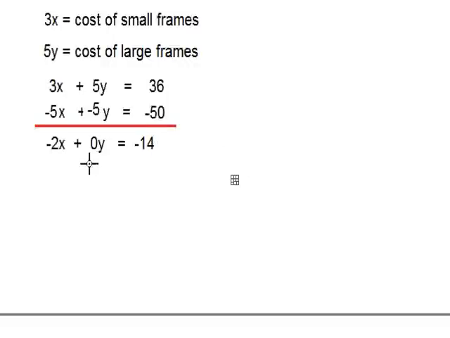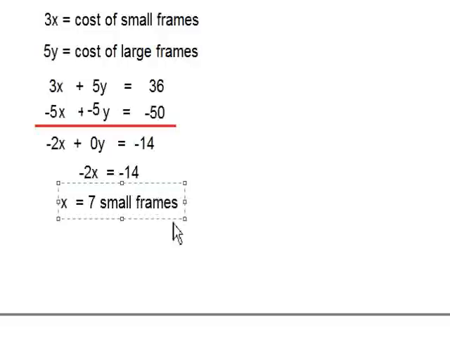So 0 times y, that's 0, and then -2x plus 0, that's going to be -2x. So that leaves me with -2x is equal to -14. Well, what times -2 equals -14? 7. So x, or the number of small frames, is going to equal 7.